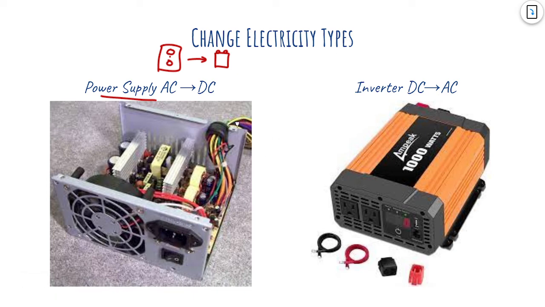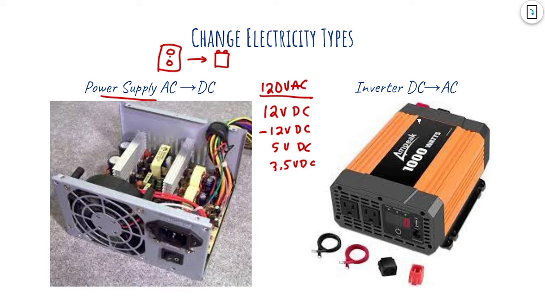You can get a whole bunch of different voltages off of this because there's a transformer in there, and they're stepping that voltage down from 120 down to a 12 volt DC, a negative 12 volt DC, a 5 volt and a 3.5 volt, I think, and it seems like there's one more, but I don't remember what it is at the moment. So I put 120 volt in alternating current, and I get all of these DC currents out. That's a power supply. That's what your cell phone charger is doing also.